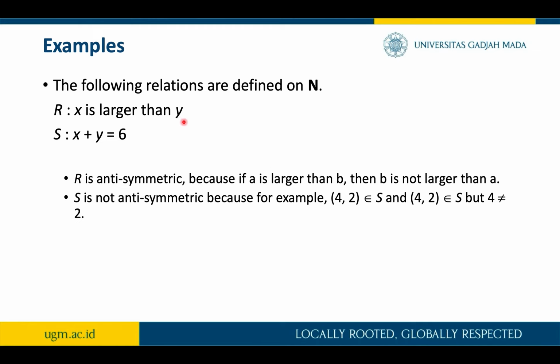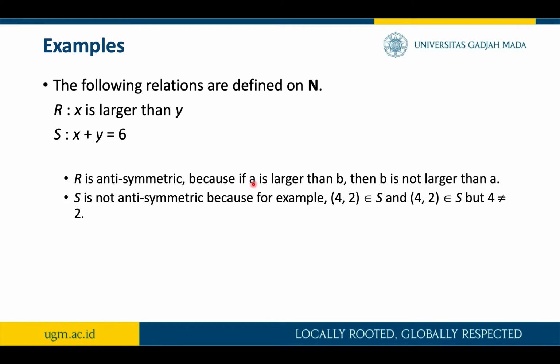Other examples, like in the previous slide: R means that x is larger than y, and we also have S, where x plus y equals 6. R here is anti-symmetric, because if x is larger than y, then y is not larger than x.